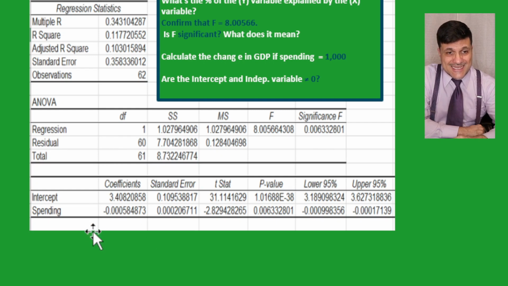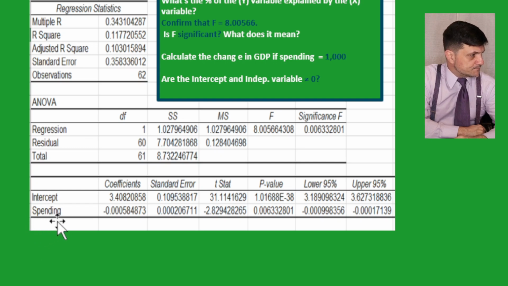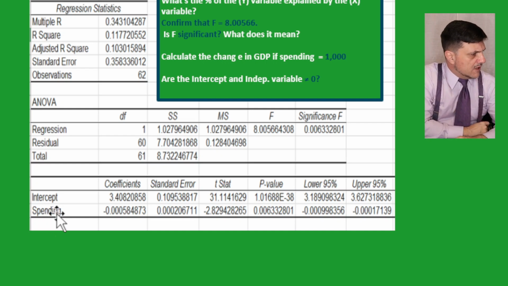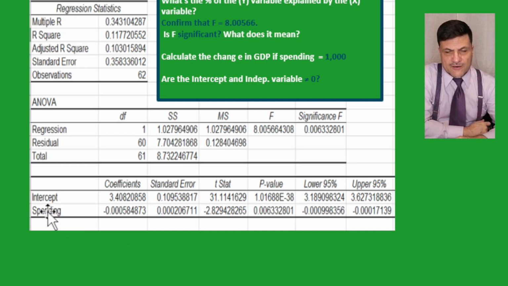That's the same idea here. Here we have a finance model trying to predict. If you see down here, called spending. So maybe you can say the GDP, or actually the change in GDP, as caused by spending, for example.